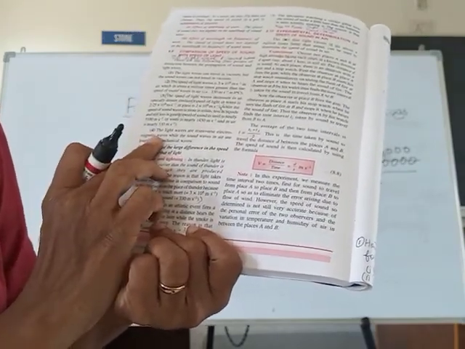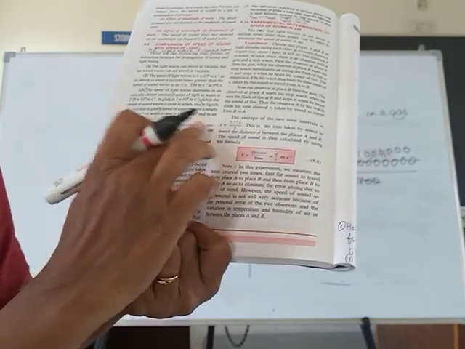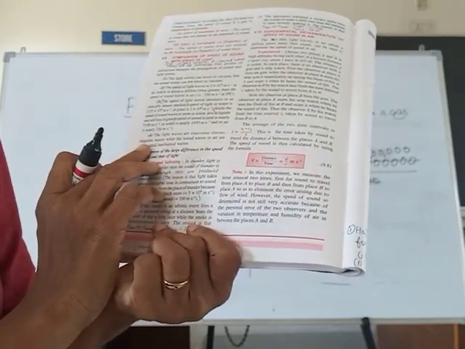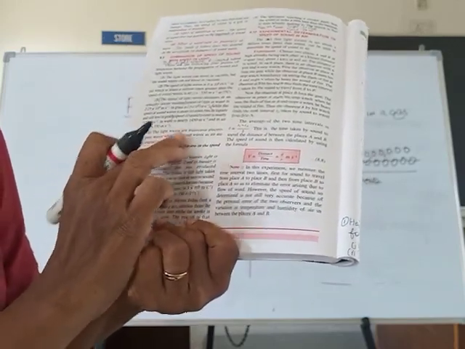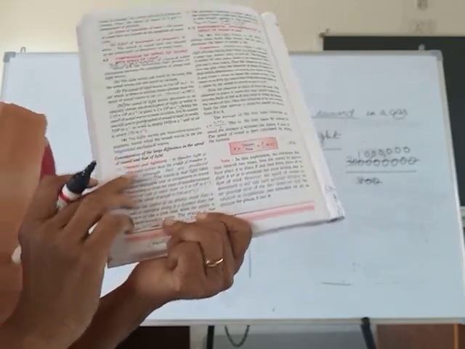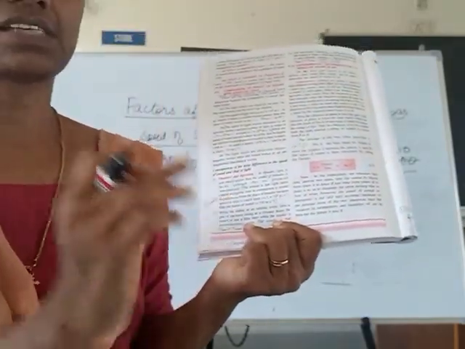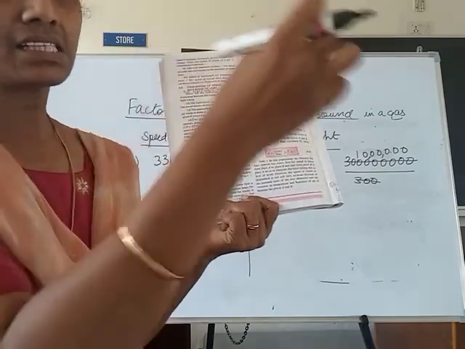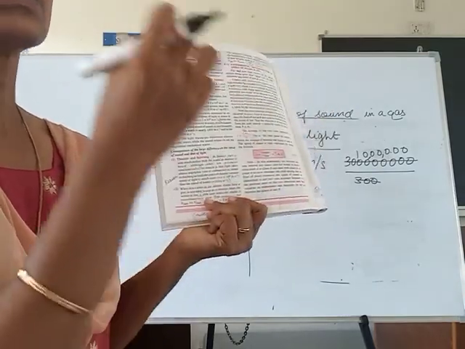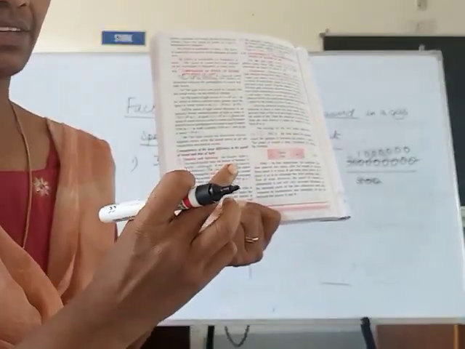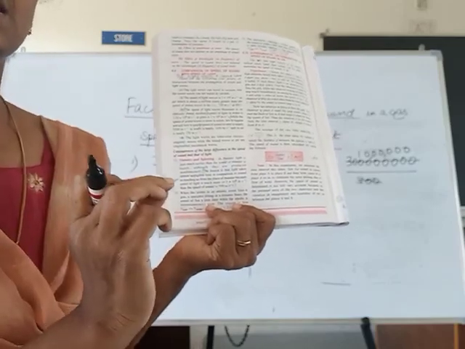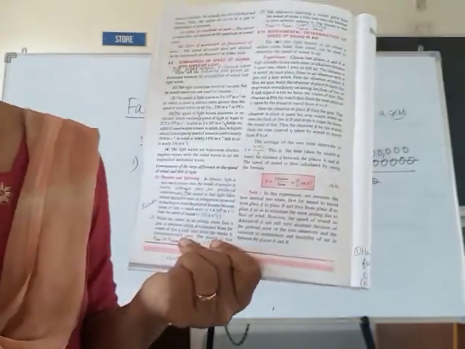Then the fourth point could be light waves are transverse electromagnetic waves and sound waves in air are longitudinal mechanical waves. In air, sound travels as compression and rarefaction, that is longitudinal mechanical wave. Light always travels as electromagnetic wave because it has to travel through vacuum.